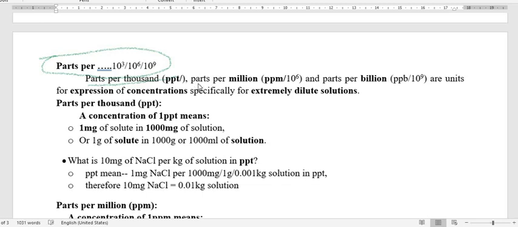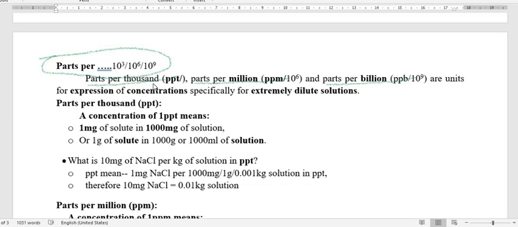If you are talking parts per 10 to the power 6, this is called parts per million. If parts per 10 to the power 9, we call it parts per billion. So parts per thousand, parts per million, parts per billion are ways of expressing the concentration of the active constituent in very dilute conditions.